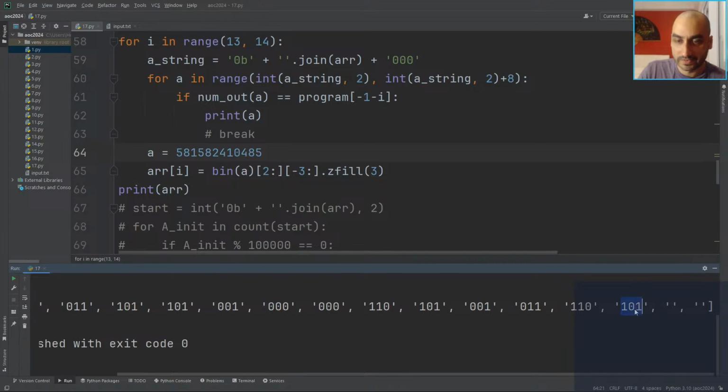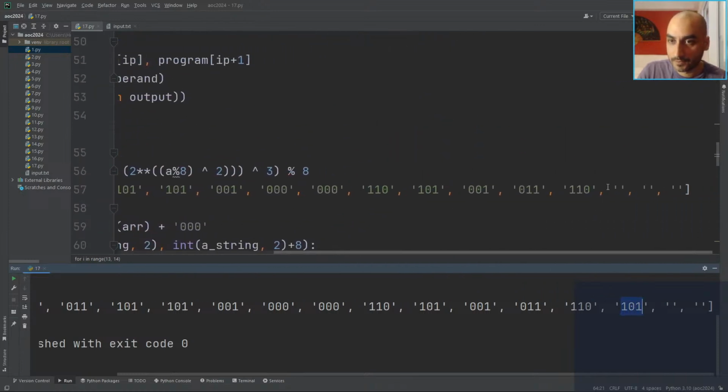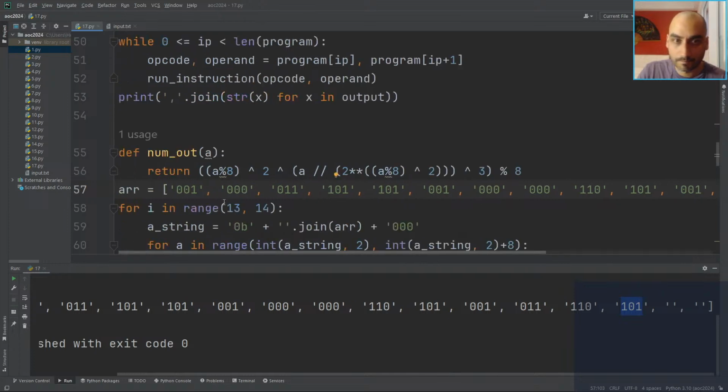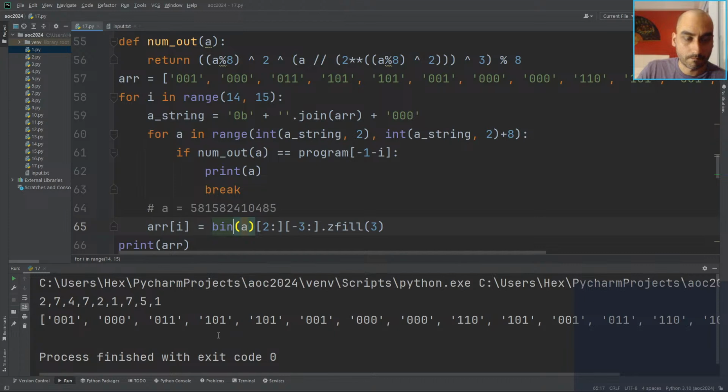So going with 101. Now we go 14, 15. No. What did we have?